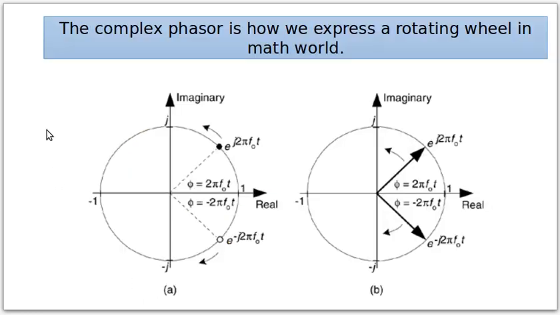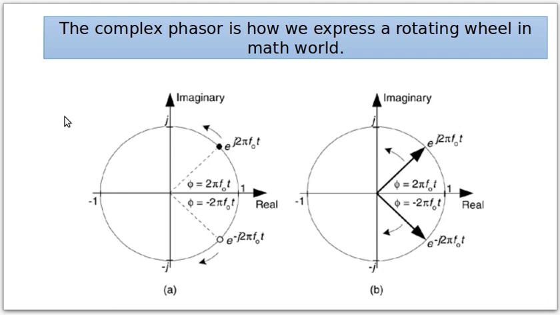Well, how can we describe a rotating wheel mathematically? In comes the complex phasor. So we're simply using mathematical, imaginary or complex numbers to describe that motion. We're simply using this math because it already exists and it's very convenient.